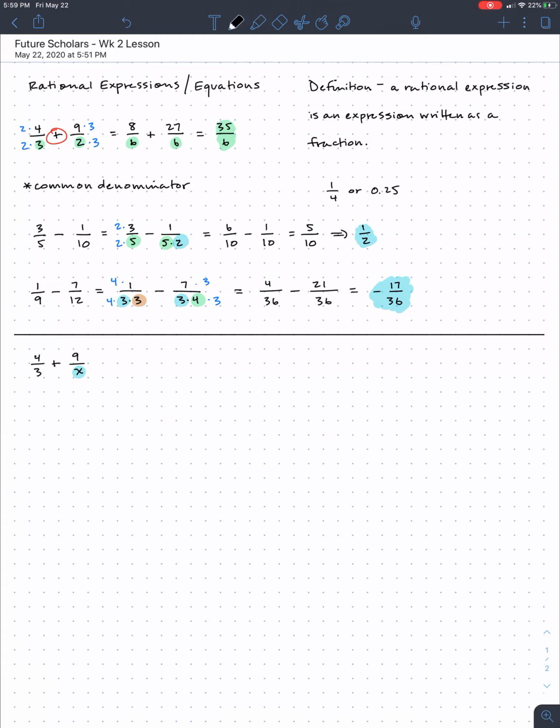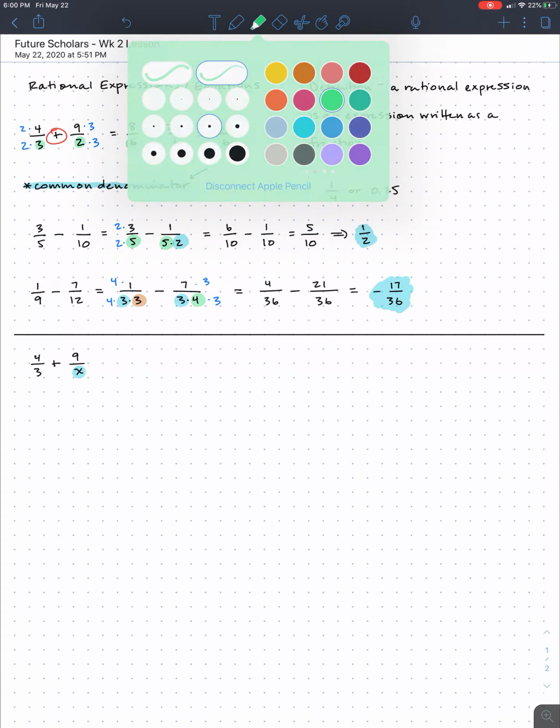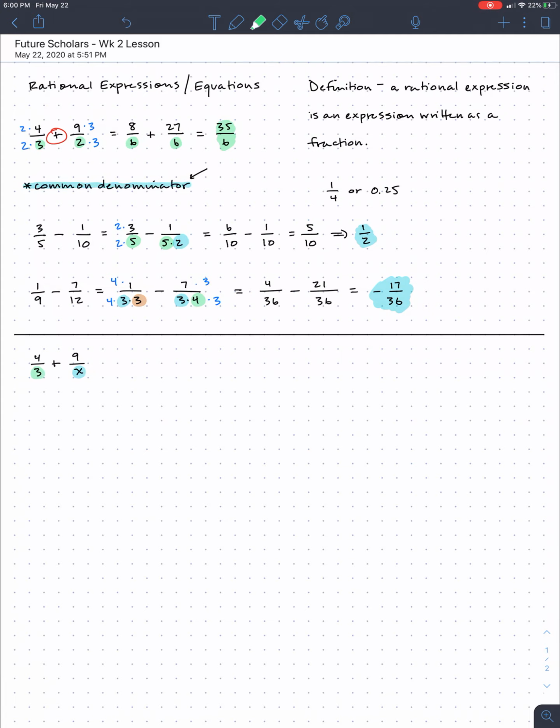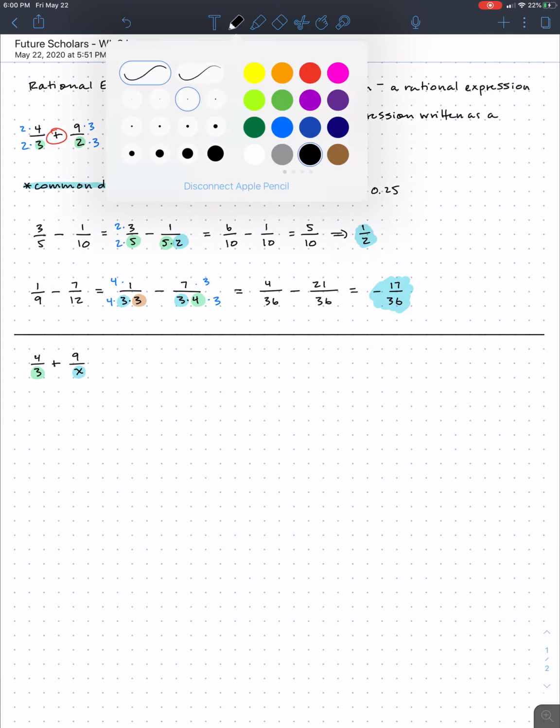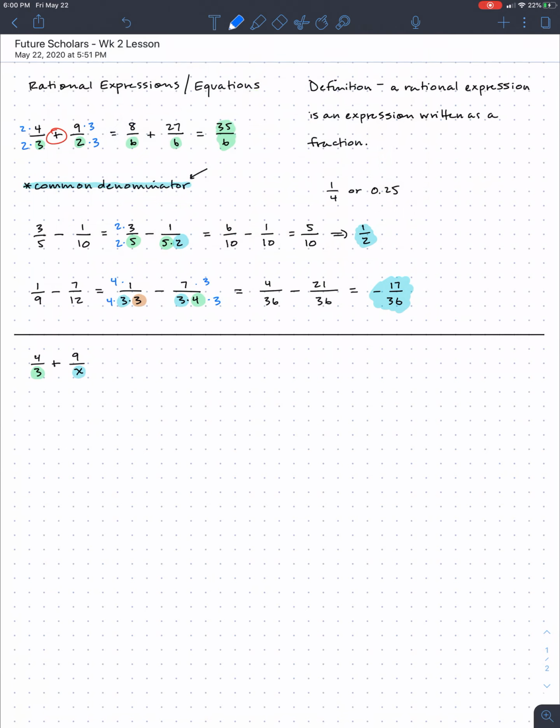And as we said before, we always need a common denominator. This does not change. It doesn't matter how crazy the fraction looks, we always need a common denominator. So if I look at this expression here, this guy has a 3, this guy has an x. What do I need to multiply them by so that they have the same things? Well, this guy needs that 3, and this guy needs that x.